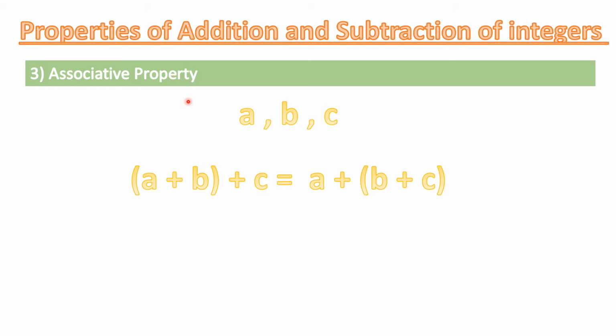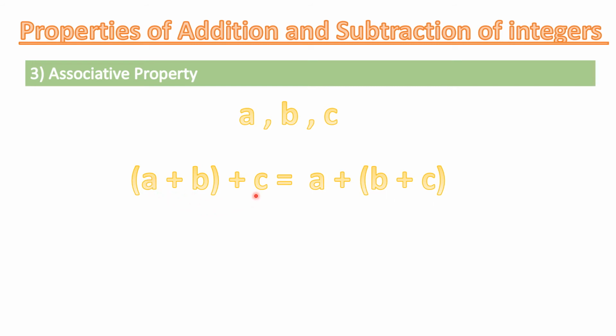Now what does this property mean? This property tells us that when we take three integers a, b and c, and when we add them, we have already learned that when we add three integers, we can either take the first two and add them first, or we can take the second two and add them first, right? So what do we do?